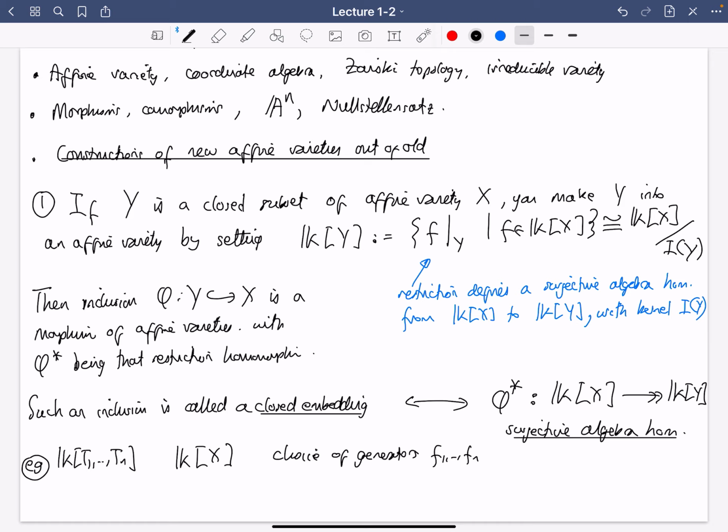That choice of generators is exactly the same as the data of a surjective homomorphism from the polynomial algebra in n indeterminates to k[X], sending ti to fi. And so once you've got a surjective homomorphism from this polynomial algebra, which is the coordinate algebra of affine n space, to the coordinate algebra of X, that's just exactly the same thing as the data of a closed embedding of X into affine n space.